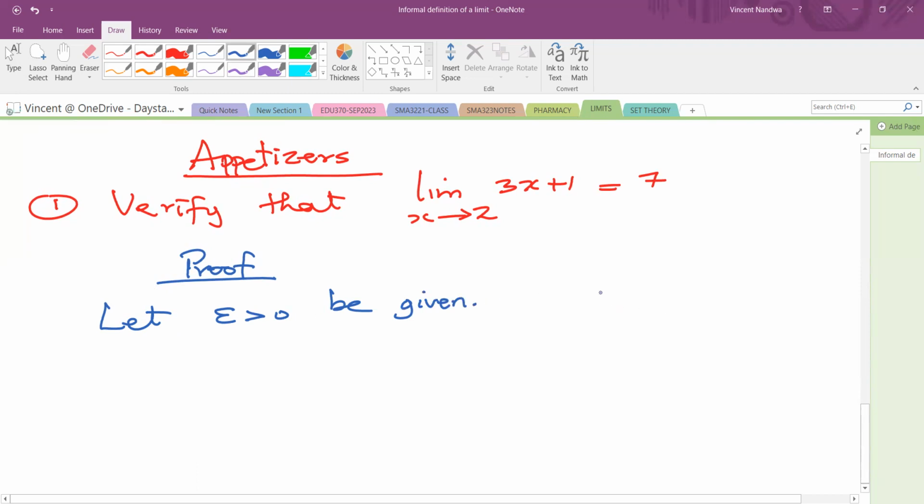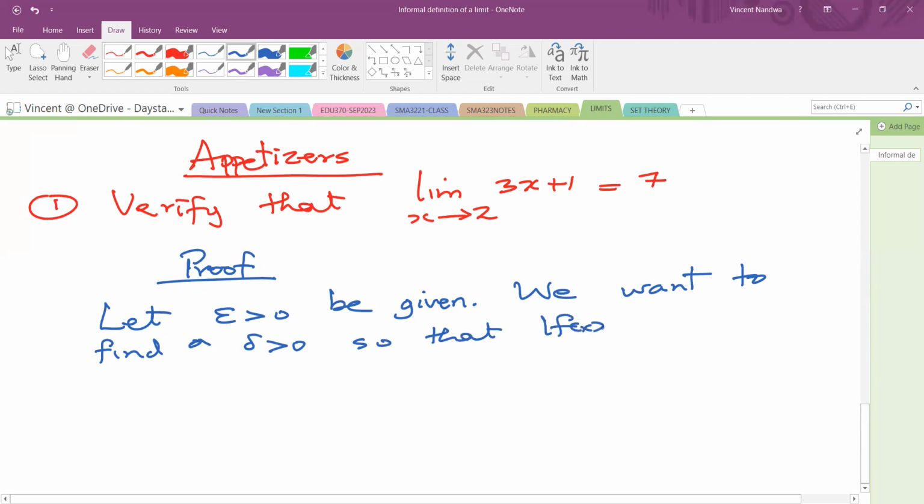The goal is we find a delta which is positive such that the absolute value of f of x minus L is less than epsilon whenever the absolute value of x minus A is less than delta.